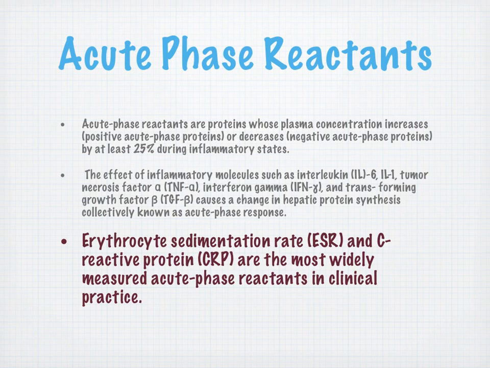The effect of inflammatory molecules such as interleukin-6, IL-1, tumor necrosis factor, interferon gamma, and transforming growth factor causes a change in hepatic protein synthesis collectively known as the acute phase response. ESR, the erythrocyte sedimentation rate, and CRP are the most widely measured acute phase reactants in clinical practice.